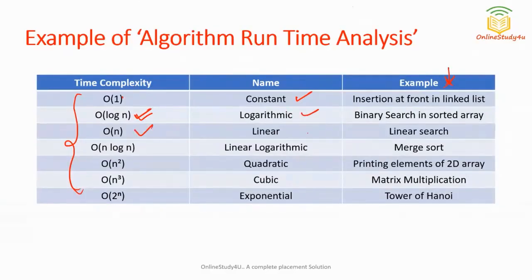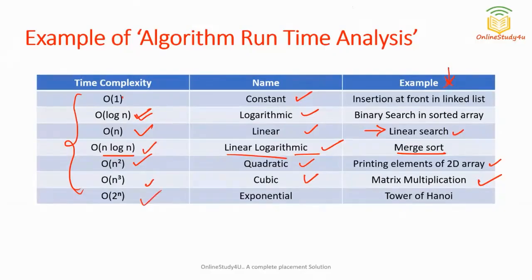Then we have linear, that is order of n. The linear search which we did just now is order of n. Now we have n log n. When we do merge sort, we get this time complexity. It's called linear logarithmic. Then we have order of n squared, which is quadratic. Suppose we are printing elements of a 2D array, so we use two nested loops. Then order of n cubed is called cubic, as in matrix multiplication.